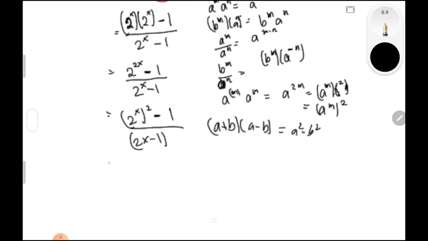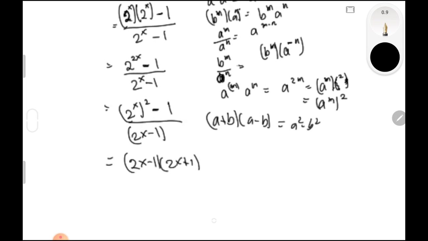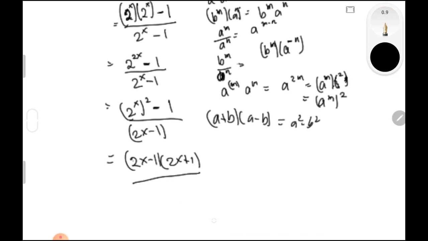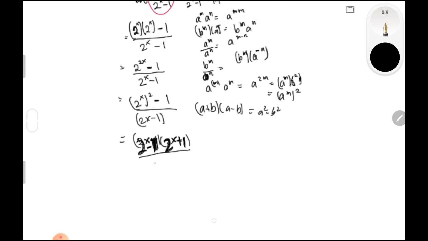So therefore, we may say that we have a value equal to 2 raised to x minus 1 multiplied by 2 raised to x plus 1, by our rule in special products, divided by 2 raised to x minus 1. Okay, so dito natin lalagay sa baba para mas klaro.